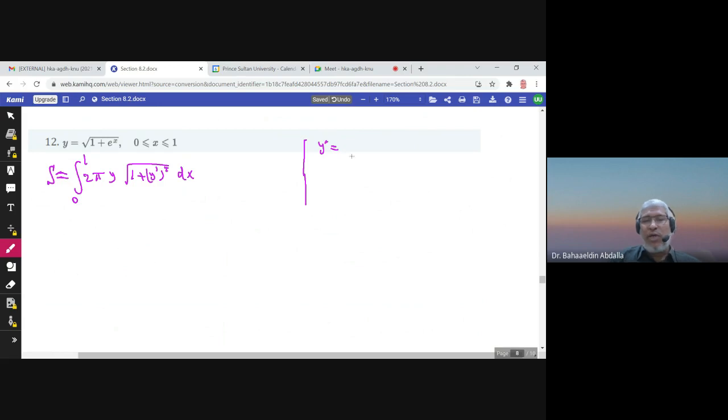It's the square root, so again the derivative of the square root is 1 over 2 square root of 1 plus e^x times the derivative of 1 plus e^x, which is e^x, e to the power x. And then y prime square would be e to the power x all square, or it would be e to the power 2x over 4 times 1 plus e to the power x.